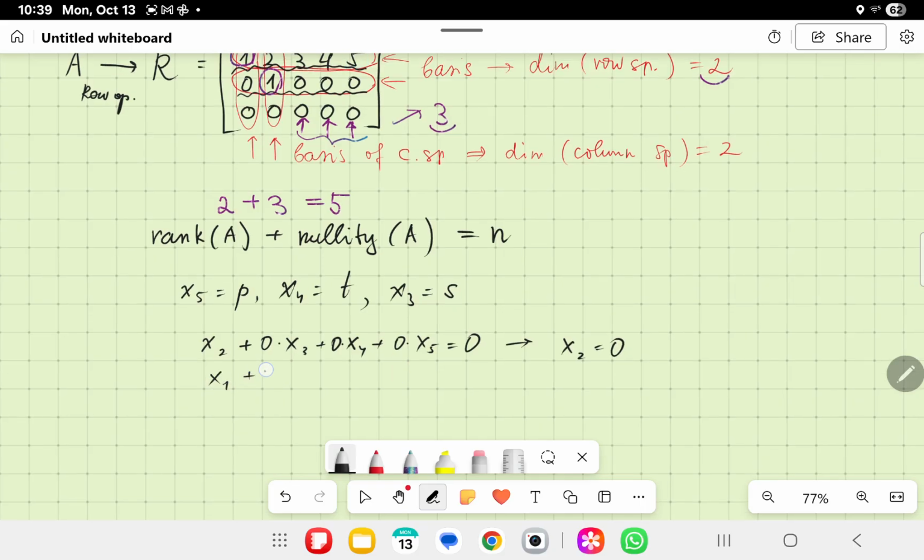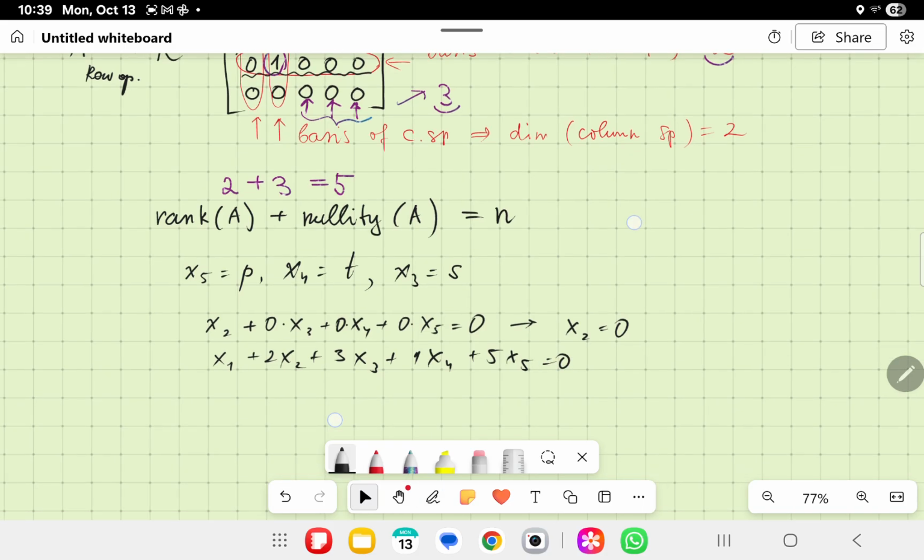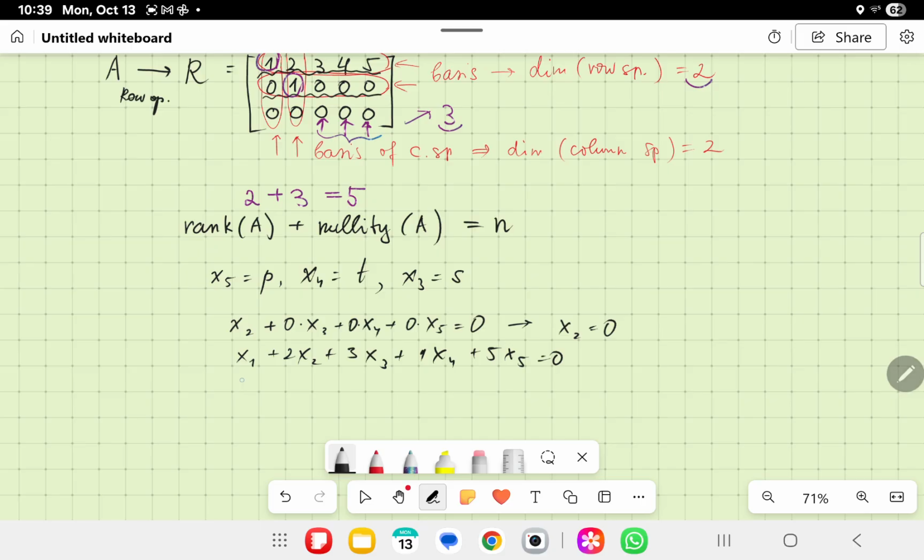x1 plus 2x2 plus 3x3 plus 4x4 plus 5x5 equals 0, right? Now I'm going to put in solutions which I already know. I don't know x1, so I'm going to keep it.